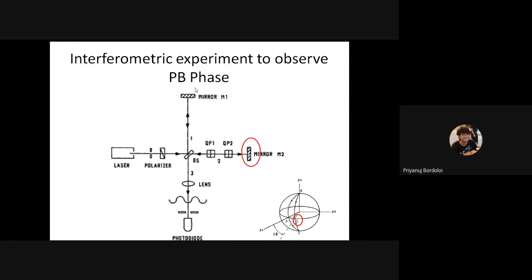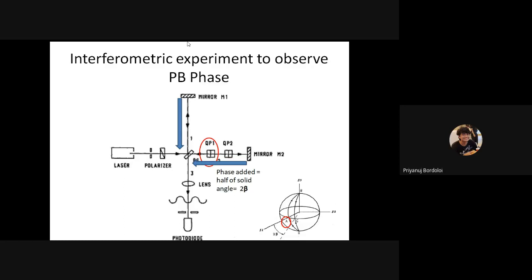And then once it hits the mirror, it reflects back. The polarization still remains the same. But passing through the second quarter wave plate again from the other side, the linearly polarized light will become circular, but in the opposite direction. So it will now be LCP. Then again passing through the first quarter wave plate, it comes back to the initial polarization state, which was at A. So for the path with mirror M1, there is no phase added with respect to the other path, because there is no optical element.